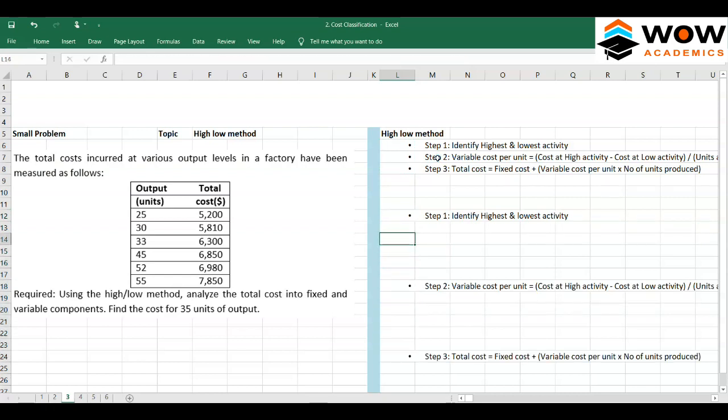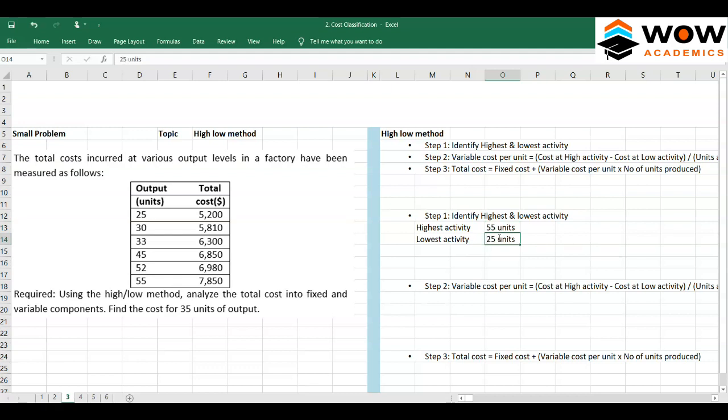So the highest activity is 55 units and the lowest activity is 25 units.